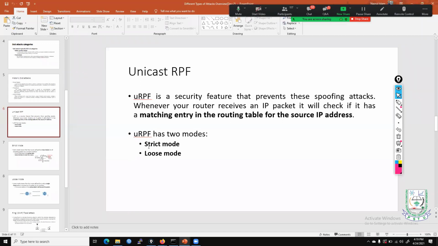In a virus, the user must run a software, right? But in a worm, the user doesn't need to run any software. Just being connected to the infected network is good enough to spread the worm.